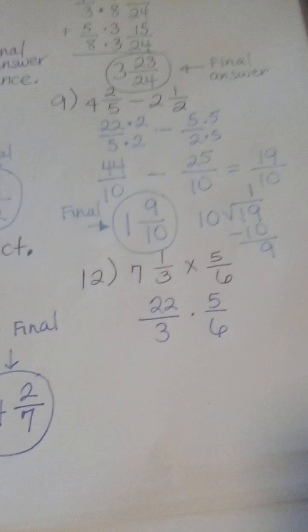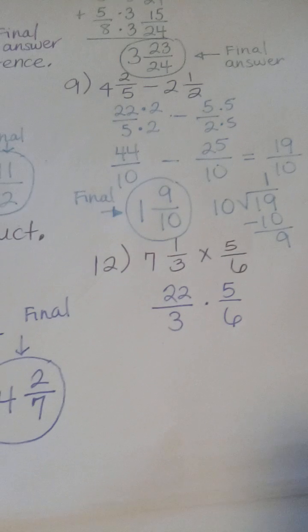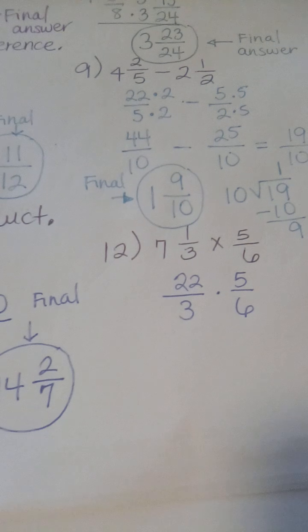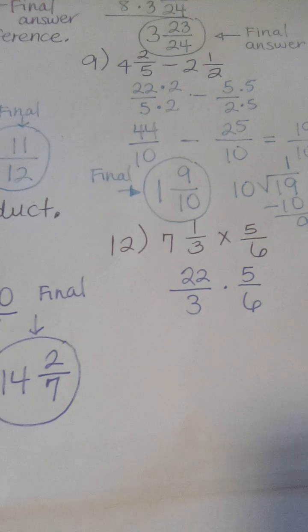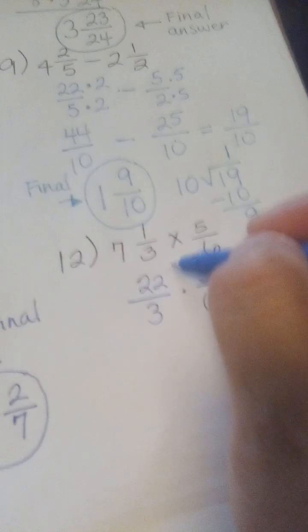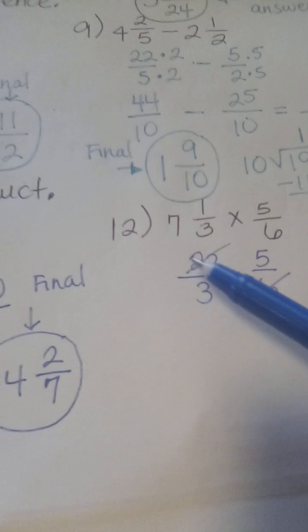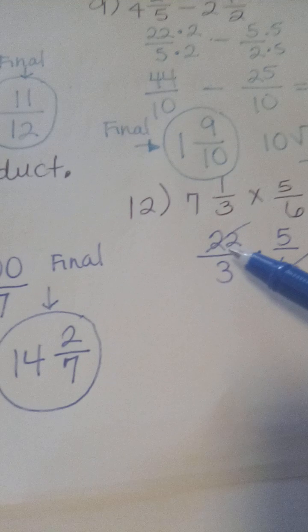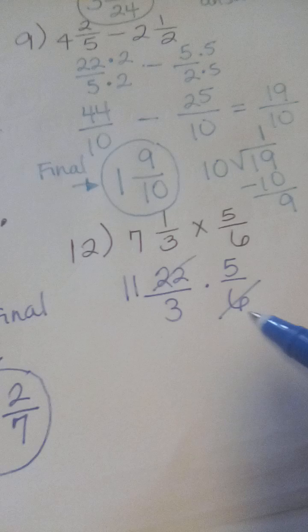Question. Which numbers can we reduce offhand? 22 and 6, right? Very good. What number did we get for the first part? 22 divided by 2 is 11. 6 divided by 2 gives us 3.